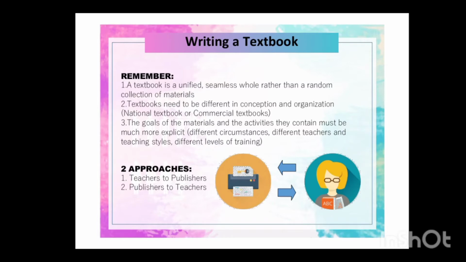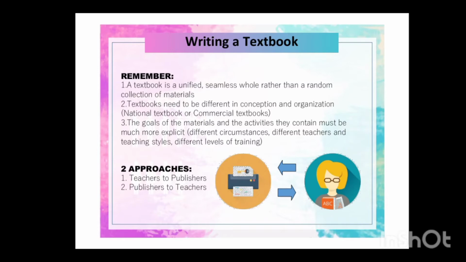We cannot have unit 1 be a random thing, and then unit 2 other things which are not related. So this can be difficult for some people, to organize all things to be the same, to be a unity in one book.